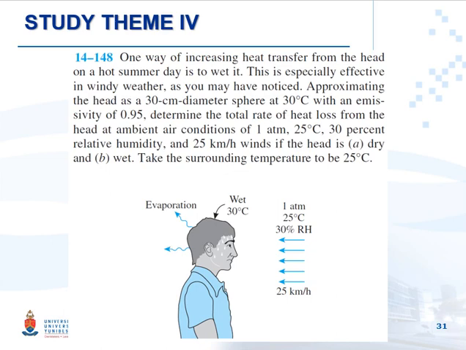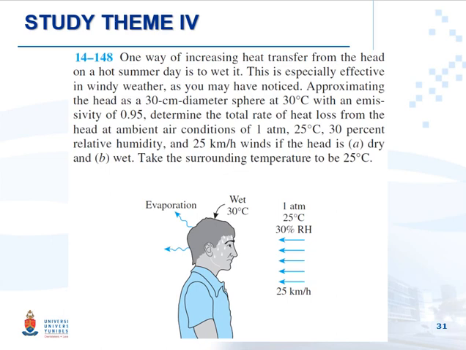When you have the right correlation, you find the Nusselt. When you have a Nusselt, you can find H, which is the convection heat transfer coefficient. When you have the heat transfer coefficient, you can calculate the Q dot of convection, and Q dot total was Q dot convection plus radiation.